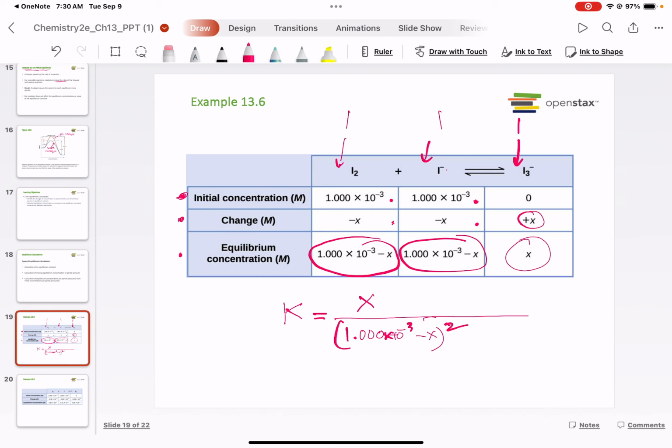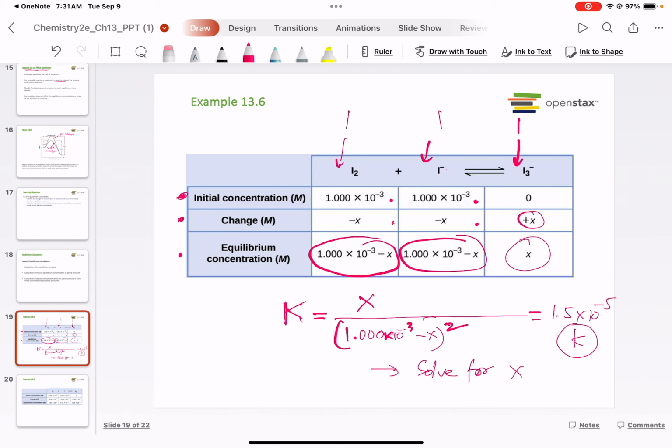So if someone gives us K, or Kc in this case, we can solve for X. Let's say, well, whatever, I'm just going to make it up, 1.5 times 10 to the minus 5, for example. That's Kc, and like I said, solve for X.